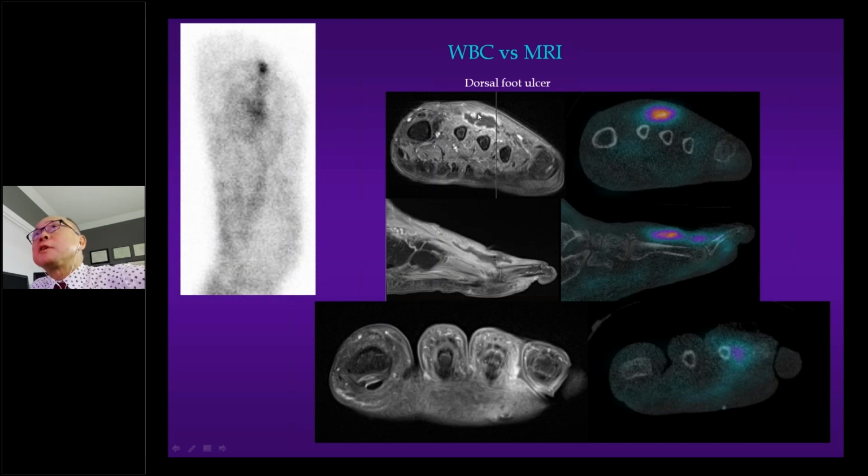And of course, we can all accept that it's a lot easier to accurately define the extent and the volume of abscess using a pure anatomic modality such as MRI than white cell, even though the two will show you the true extent of infection. And of course, both modalities here clearly demonstrate absence of osteomyelitis, which is what the infectious diseases physicians want to know.